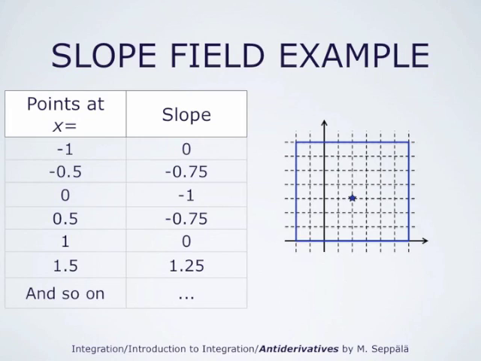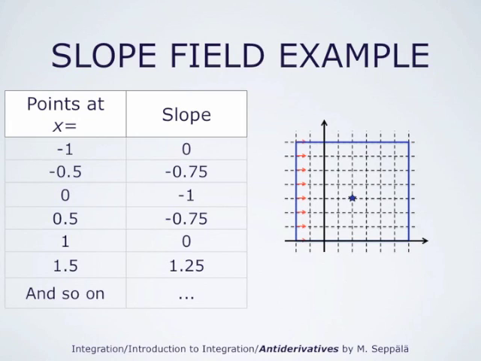So next we draw these arrows on the grid points, and the slope of the arrow is given by the value of the function x squared minus 1, that is by the rightmost column of this table. So when x equals -1, the slope is 0. Therefore, for all grid points lying over x equals -1, we place a horizontal short arrow.